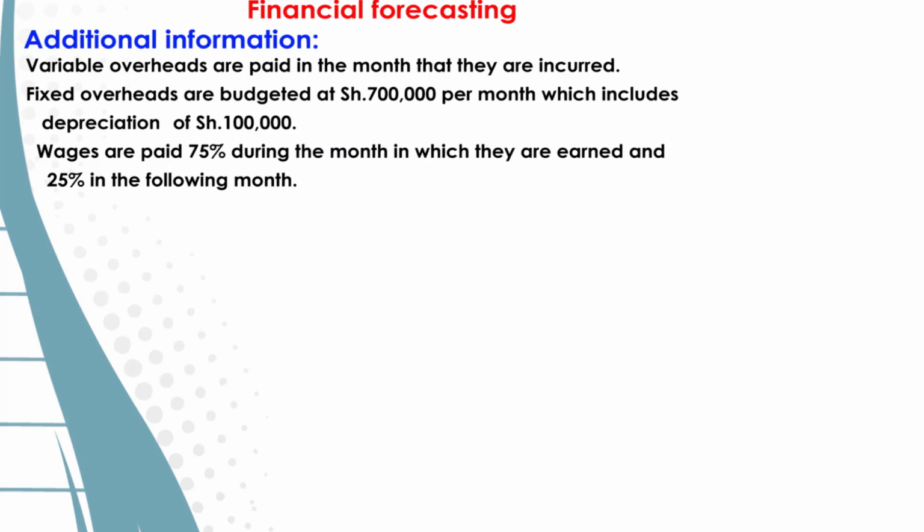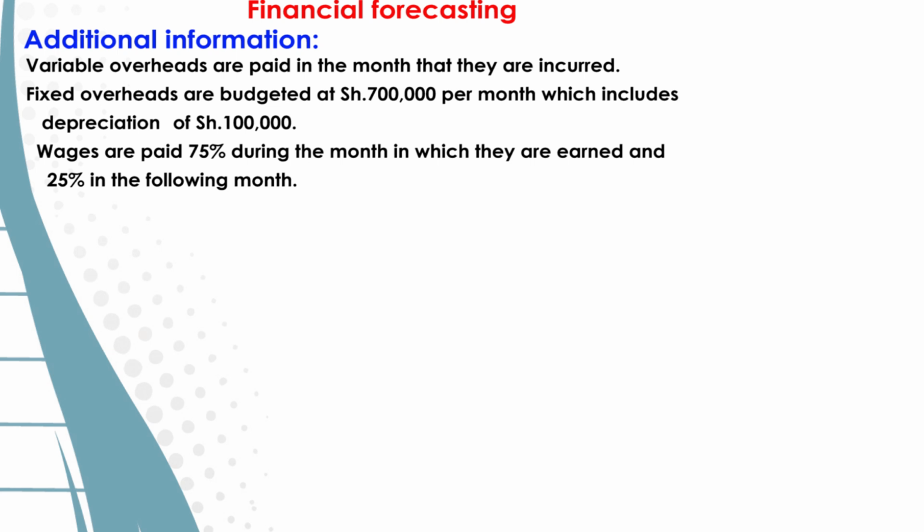We read that wages are paid 75% during the month. First of all, we need to calculate the total wages. In July, what were the wages? The cost is 10 shillings per unit.